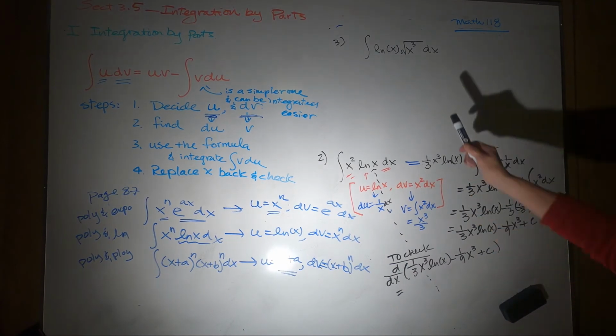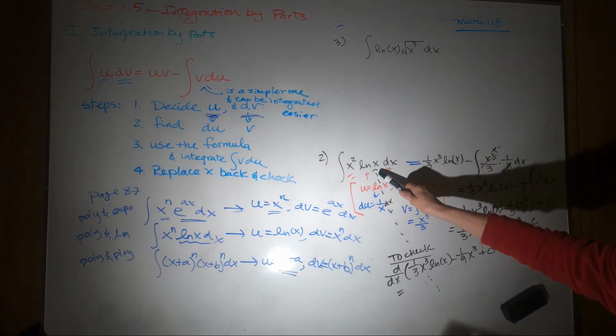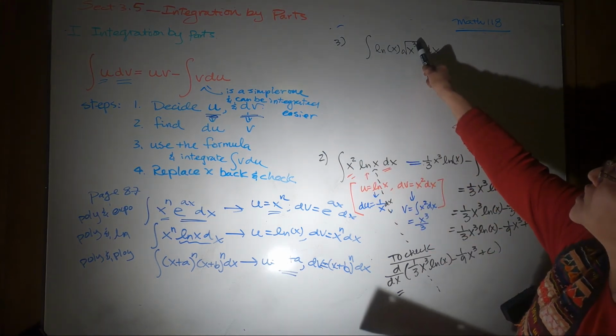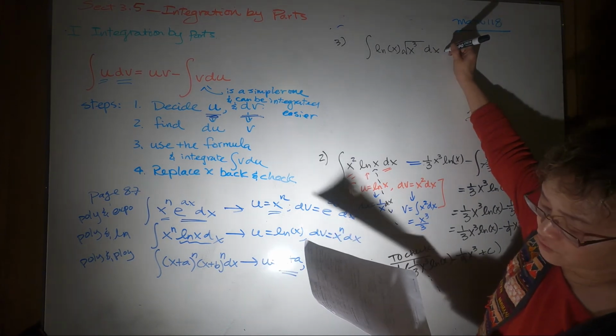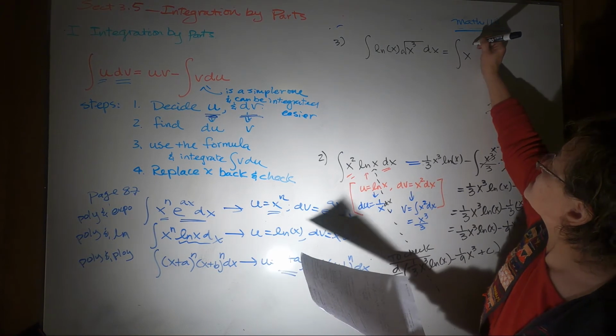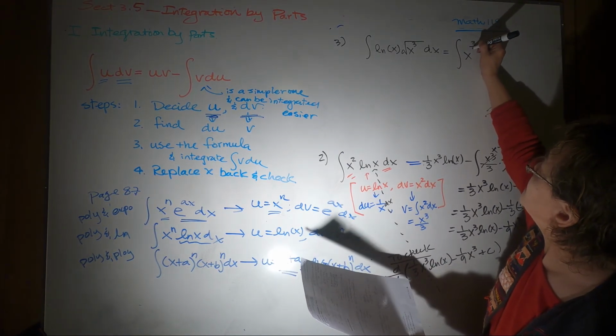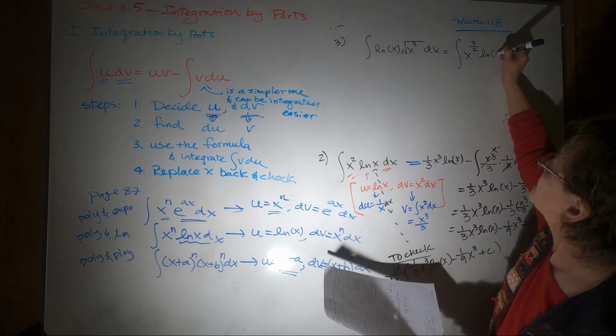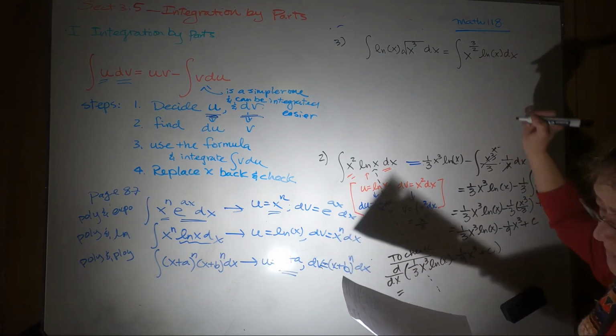This one is very similar to the previous one. You have a natural log, then you have x squared, but here it is x cubed, take the square root. So you will write this one as x to the 3/2 power, natural log x dx.